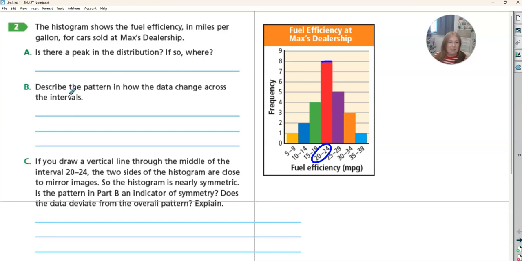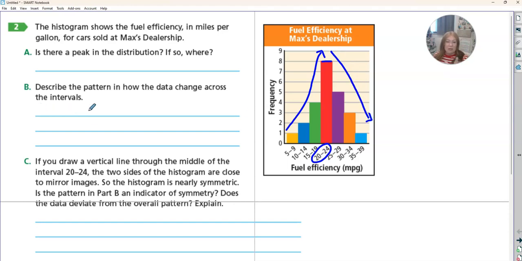Now we're going to look at just the overall pattern here. Describe the pattern and how the data changes across the intervals. So we can see as it's going this way, it goes up. From 5 all the way to 24, it's kind of going up. And then once it reaches 20 to 24, there start to be fewer and fewer cars again.